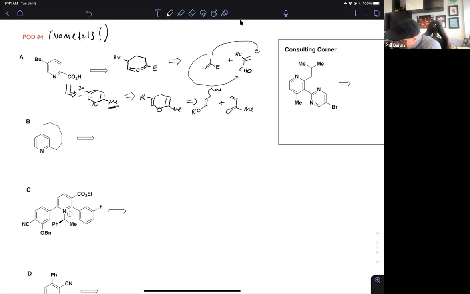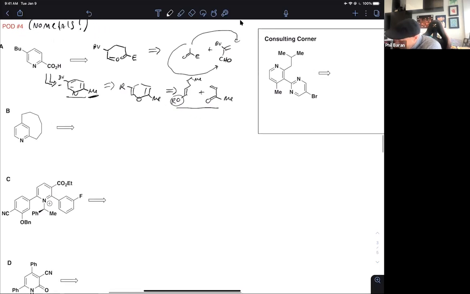And so this takes place by a simple inverse electron demand Diels-Alder cyclization, by loss of water, and then loss of the OR. This could be ethoxy, for example. Treating that with hydroxylamine gets you to this compound, and then selective oxidation gives you the product. Thiophenes can be a pretty useful way of making a variety of different compounds.